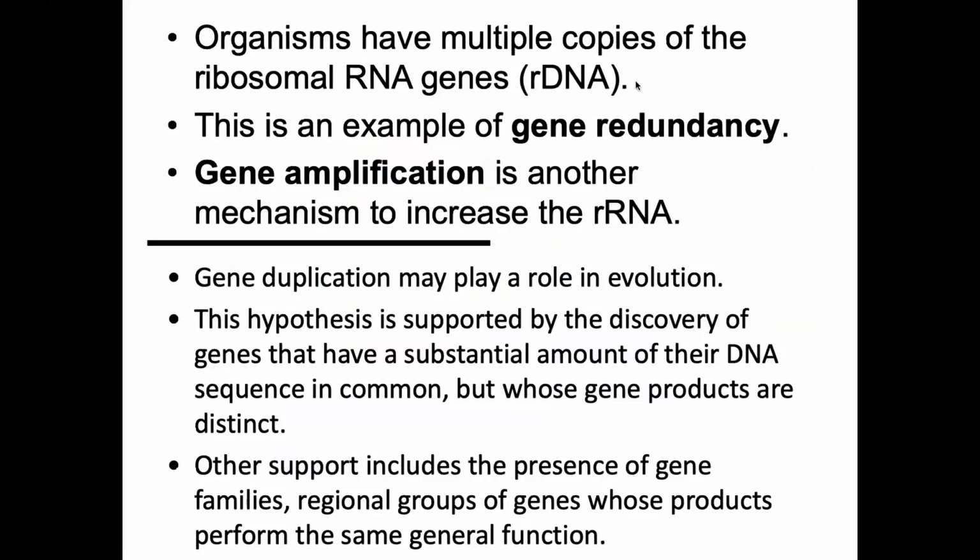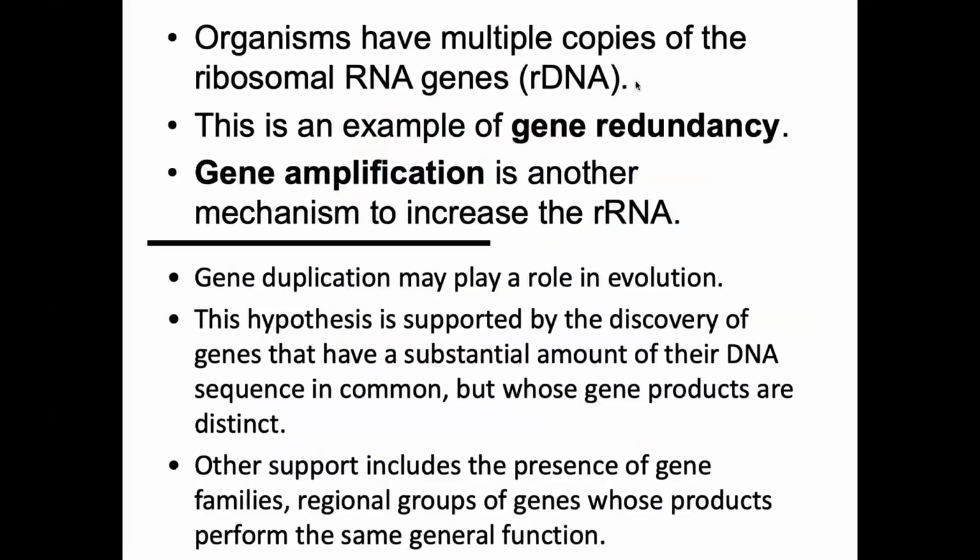So why would that be? Well, what these ribosomal RNA genes do is that they produce RNA molecules that become incorporated into a functional ribosome. And again, the ribosome is essential to life as we know it. It's the ribosome that allows for protein synthesis or protein production.